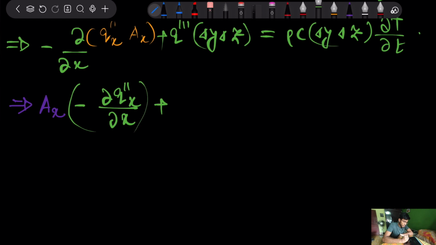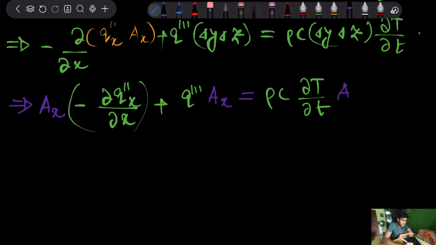So q triple prime into Ax is equal to rho c del T, del small t, into Ax.